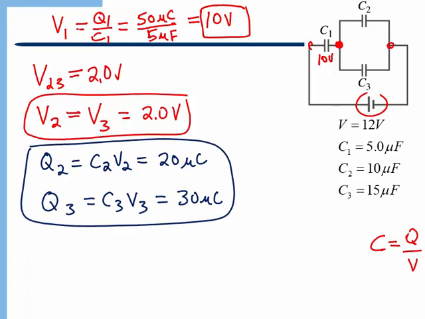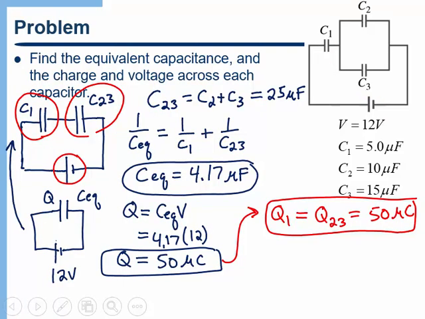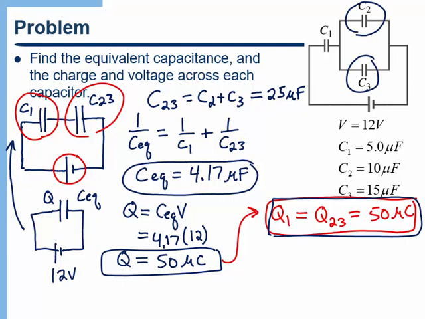Now, I want to look at how we can check things in this problem. Notice that we know the charge on C1 and C23 are both 50 microcoulombs. Well, one of the things that we learned about with parallel circuits is the charge on this plus the charge on this should equal the charge on the equivalent capacitor.